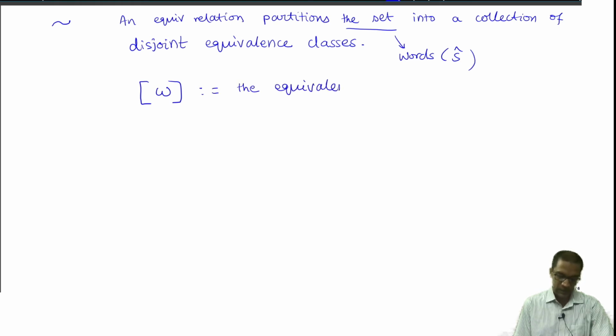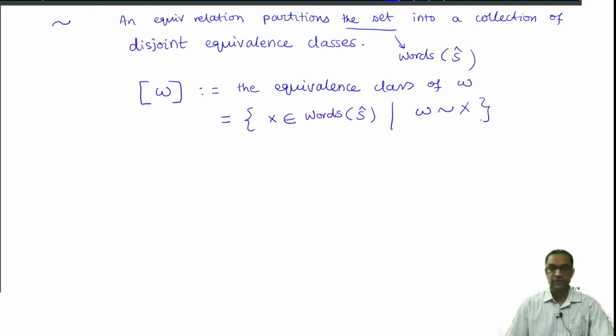So this is the equivalence class of W, which by definition is just the set of all words X in the collection of words of S hat, such that W is equivalent to X. So collect every word which is equivalent to W. That collection is called the equivalence class of W, and of course this is a subset of the set of all words in S hat.